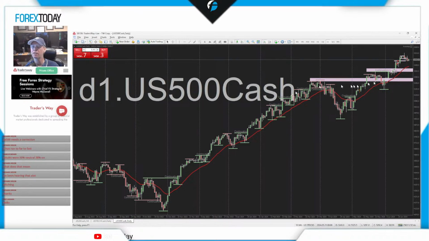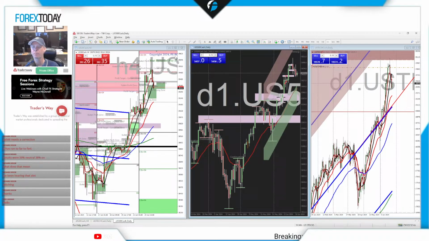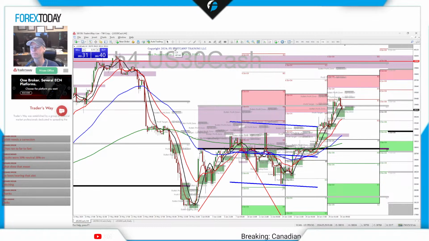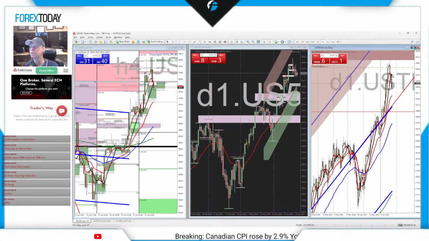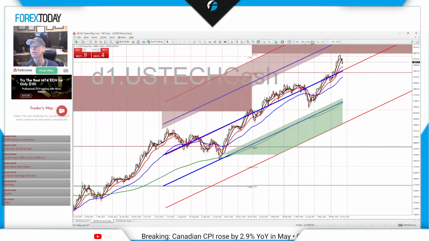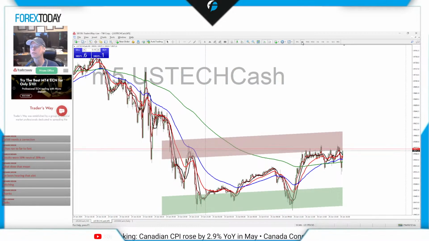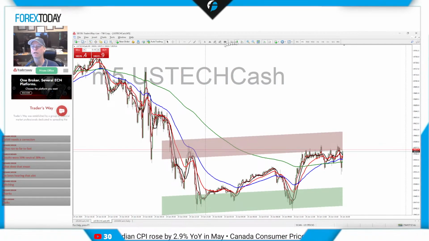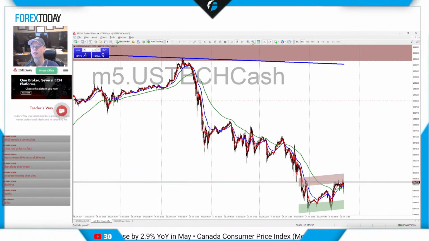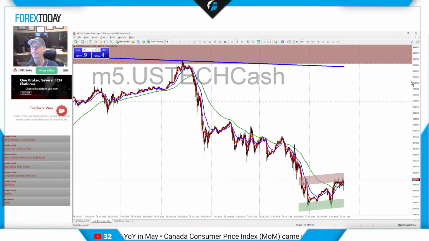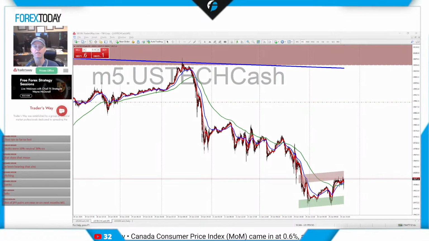Now we can use a different chart setup and use leading indicators, right? So like on this one, I used a leading indicator to short the NASDAQ. And you're like, what do you mean leading indicator?